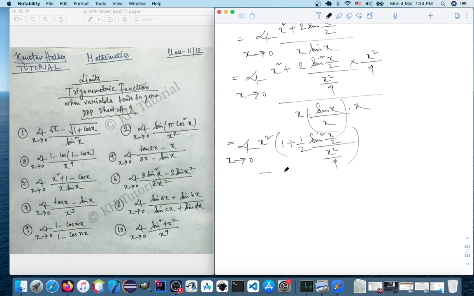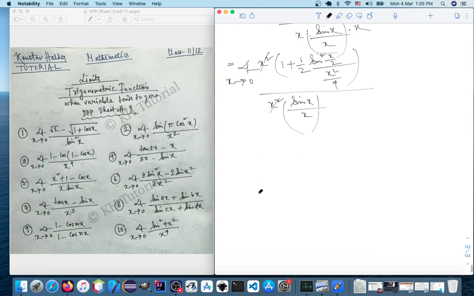In the denominator, we are having this. So x square gets cancelled, and what we are left with is 1 plus half sin x by 2 whole square divided by sin x by x.